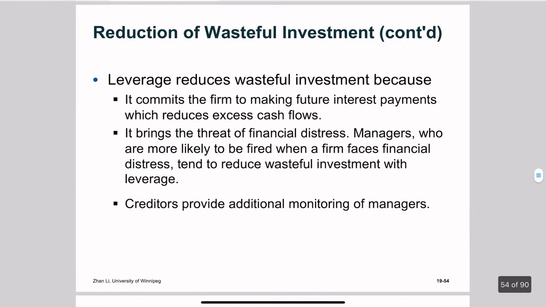Okay, now why can debt reduce wasteful investment? Well, there are three reasons. First, it commits the firm to make future interest payments. And these interest payments will reduce cash flow. Second, because the firm is having debt, there is this possibility of financial distress.